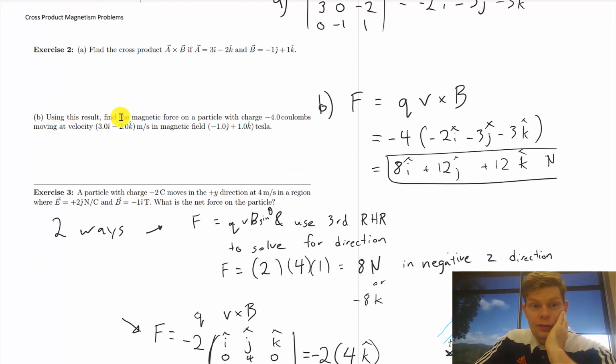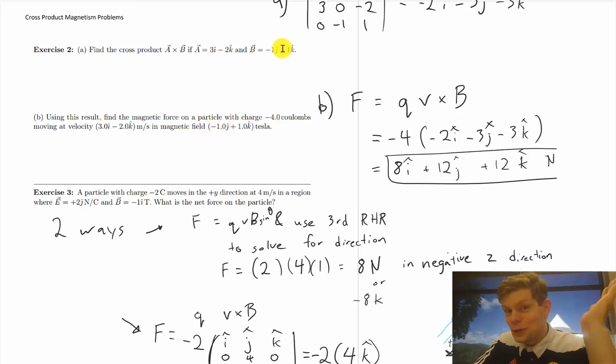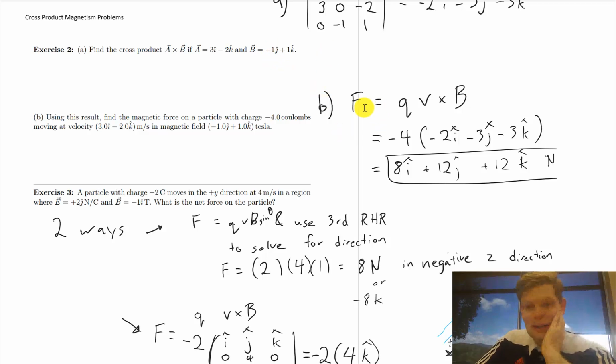So using this result, find the magnetic force on a particle with charge -4 coulombs moving at a velocity of something that looks an awful lot like A in a magnetic field that looks an awful lot like B. Never know. If you check out your AP data pages, notice that your formula is F equals Q V cross B. And so that's exactly what we're going to do.